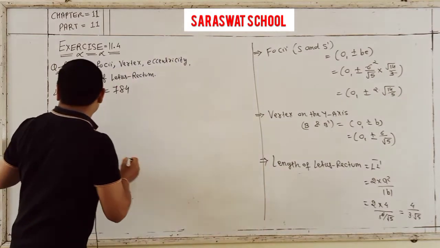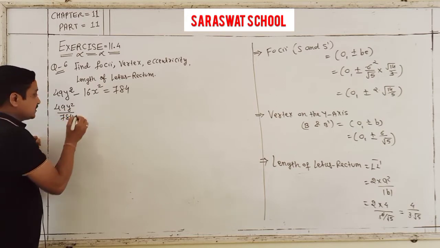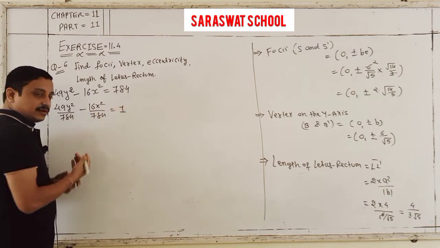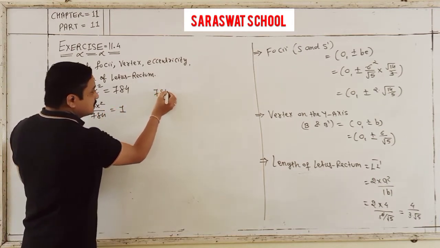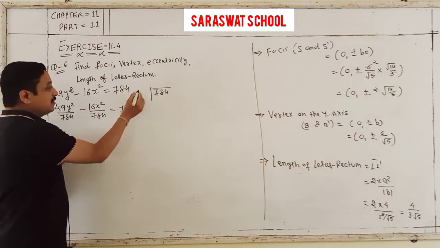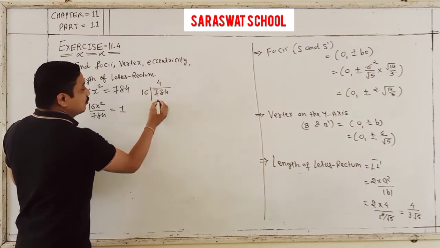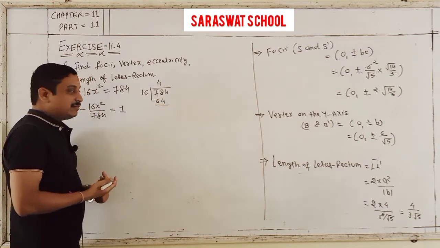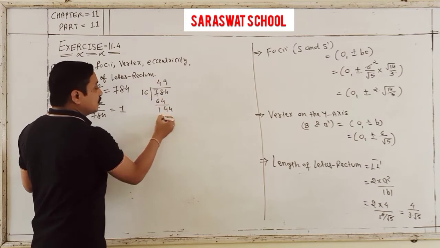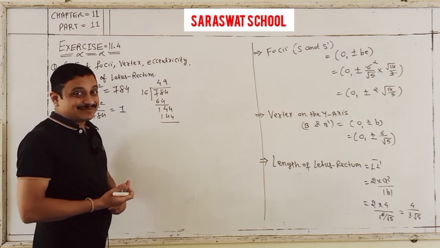So students, here 49y square by 784 minus 16x square by 784 is equal to 1. Now we divide 784 by 16, the common and simple way, and by 49 as well. 16 fours are 64, that leaves 14, and so on, until the remainder is 0.